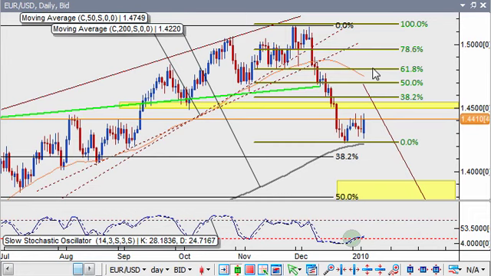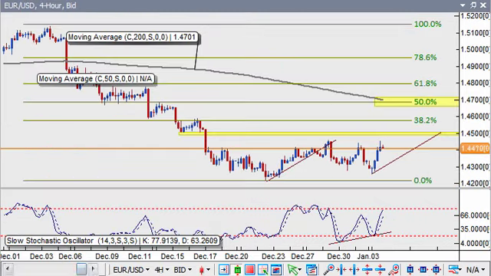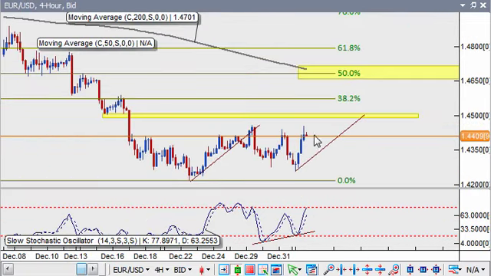So it's the long intermediate term trend line here that we might be testing. But until then, in the short term, we are still stuck in this range. And back here, in the Asian session, if it doesn't continue to rally, we would probably have a retest of the 1.42 area.